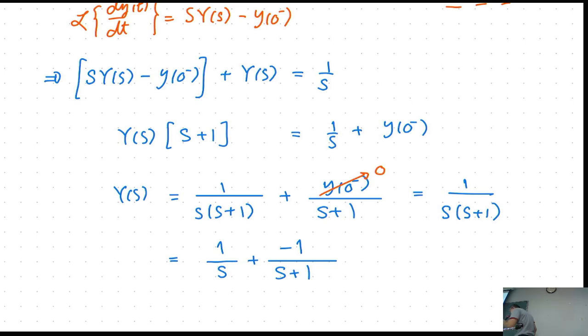How did I get these numbers? We'll deal with this later. For now, just trust me that this is 1 and that is minus 1, so that if you add them up, you get this. I'll tell you later how to find these numbers.